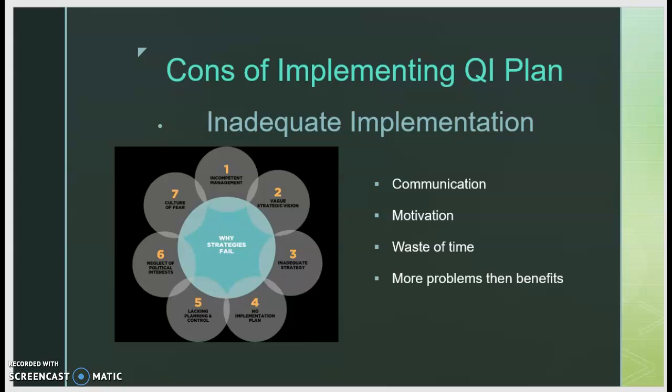The project may not be communicated clearly, or managers are not motivated enough to follow through with the improvements. If your employees feel that the new programs are a waste of their time, this can cause more problems than benefits. So we want to make sure that everyone is on the same page, or the implementation will not work.